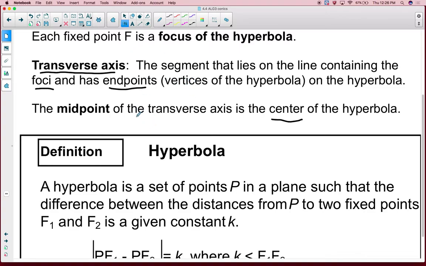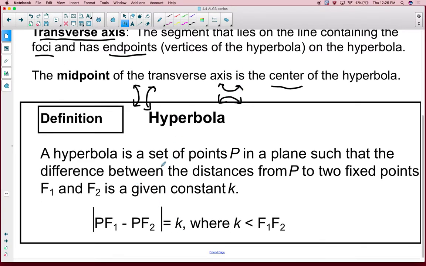So we went over this a little bit, this can be the shape of a hyperbola, kind of like the Hurley symbol, or this can be what a hyperbola looks like. Okay?